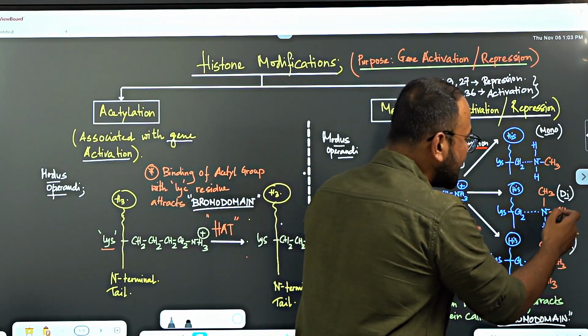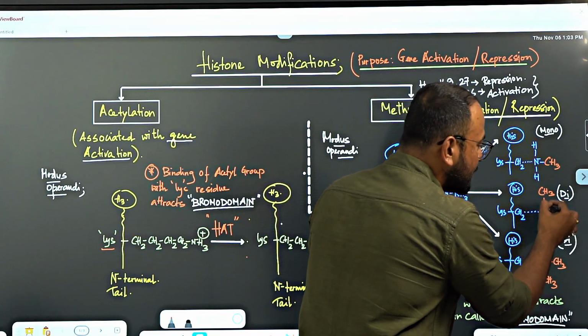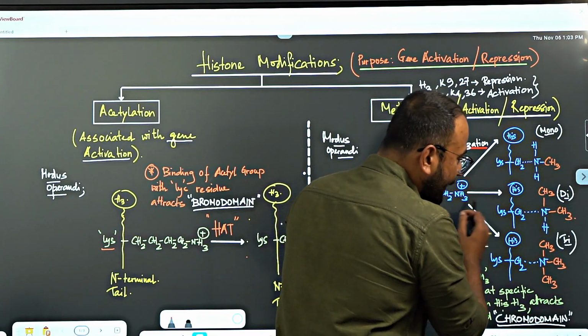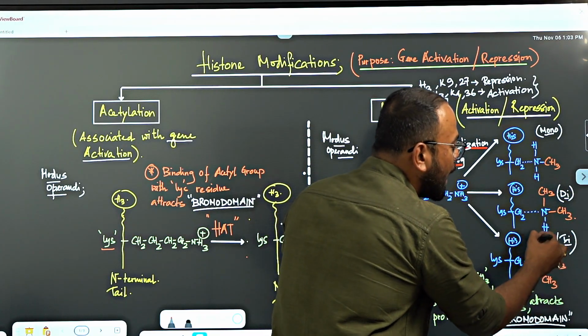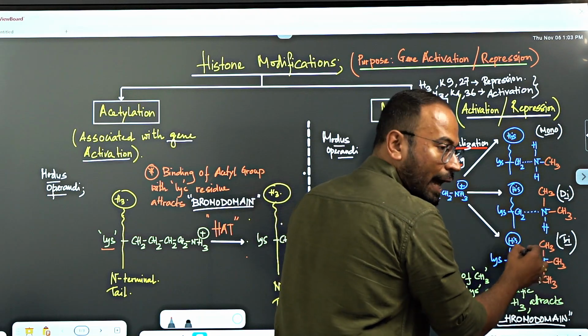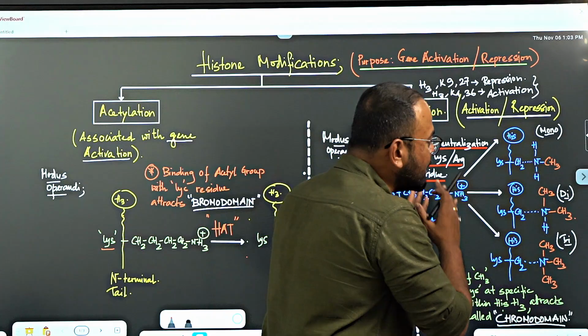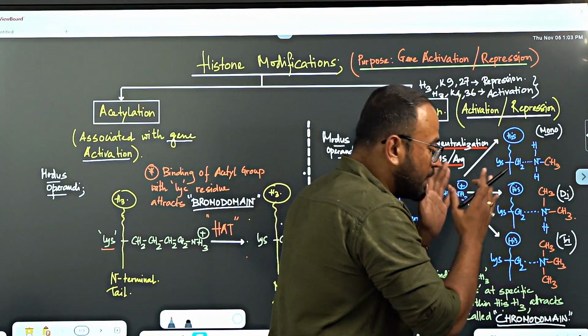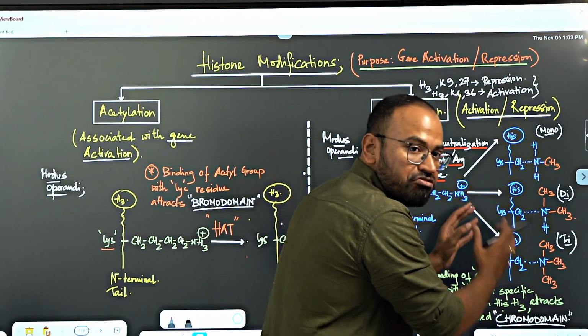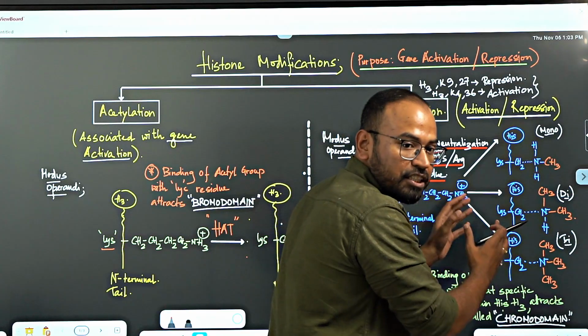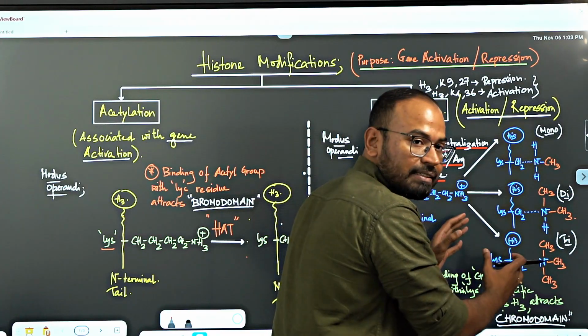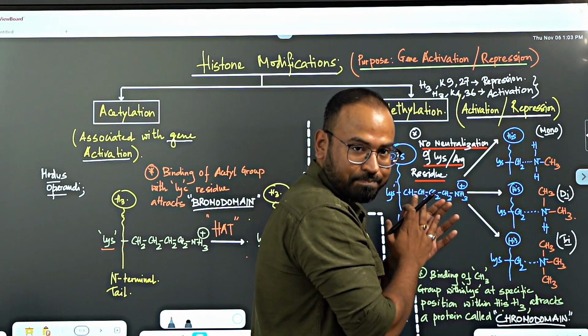In another case, two methyl residues can be added. And in the third case, even three methyl residues can replace the H ions of the amino group. But this kind of transfer does not neutralize the overall structure.